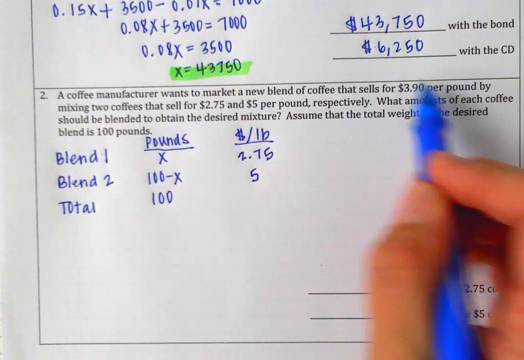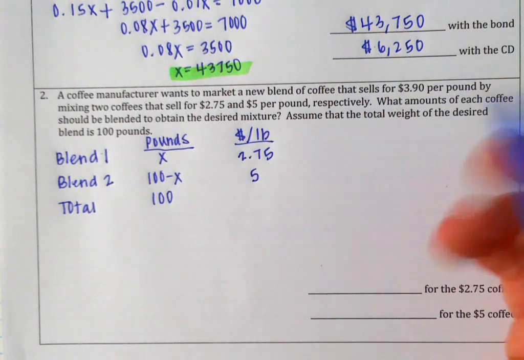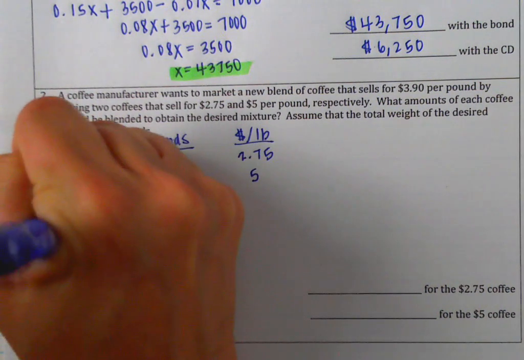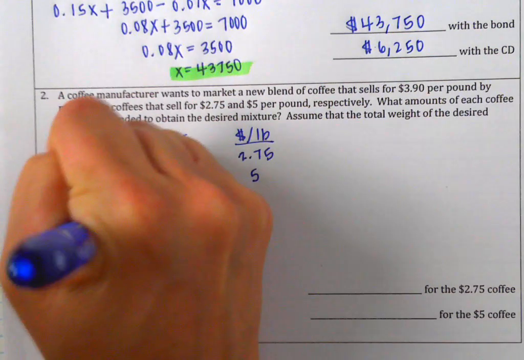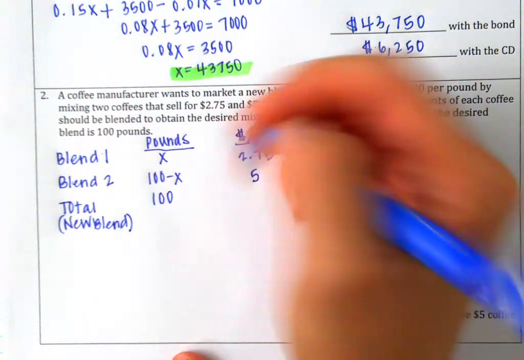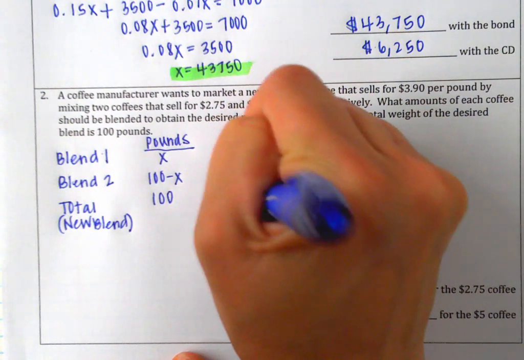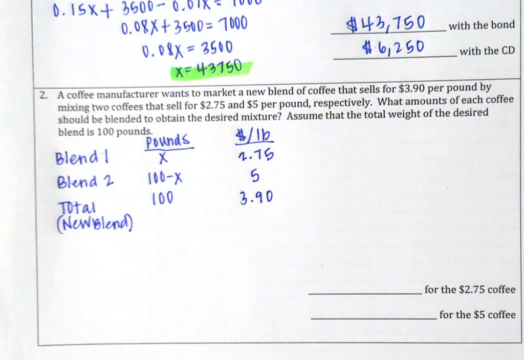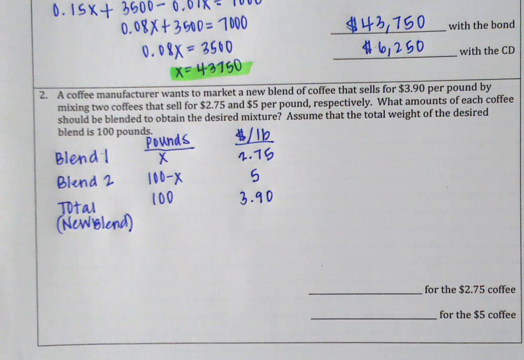And then what they want to sell the new total blend for, so this is the new blend, is $3.90 per pound. Okay, questions on anything I did for that column?